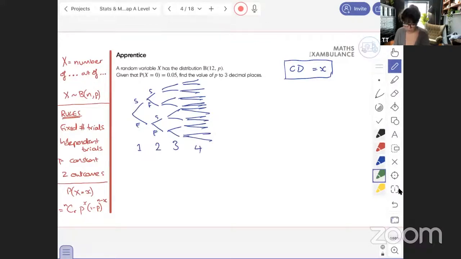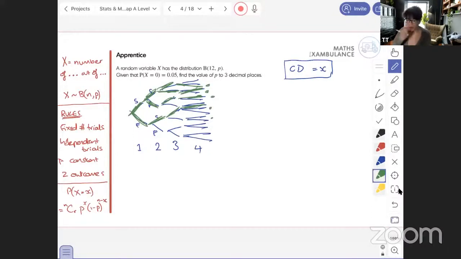Let's say I wanted to get 3 successes. Success, success, success, fail. Success, success, fail, success. Success, fail, success, success. I'm lost already on how many there would be. Success, success, success. Is that all?